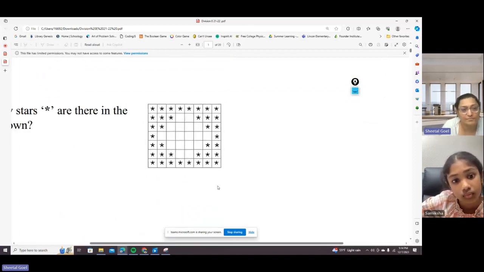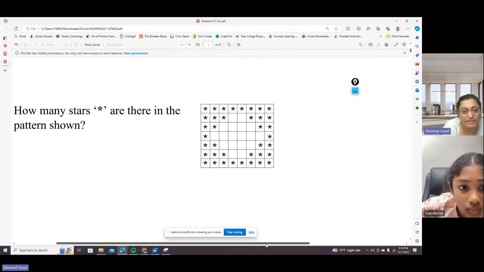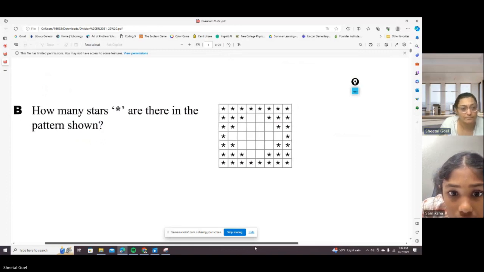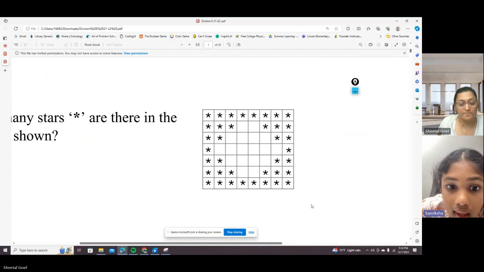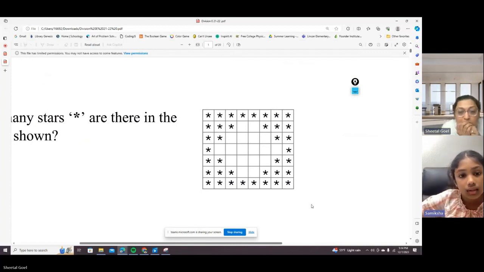Okay, so second question. Now we have to find out how many stars are there. So think of different ways of calculating.